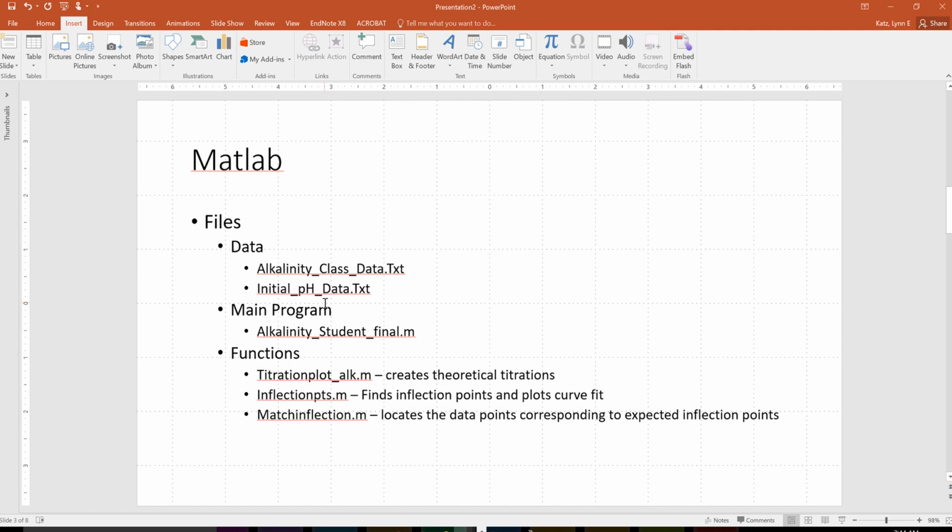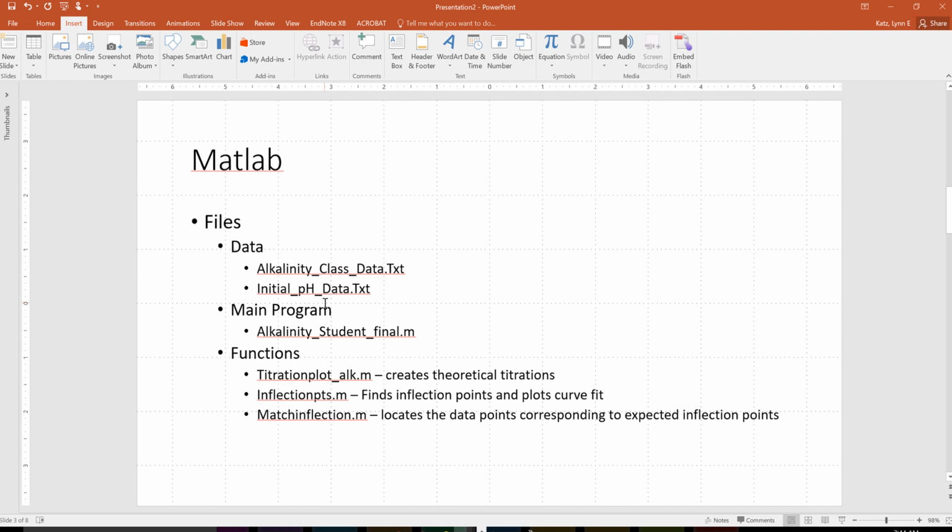So the 3 functions: the titration plot alk.m creates the theoretical titration curves for the first 3 samples. The inflection points.m is a curve fitting routine which fits the data and then takes the derivative of those curves to find the inflection points.